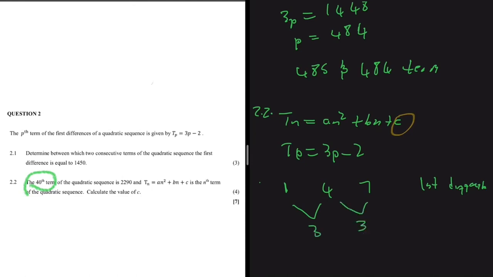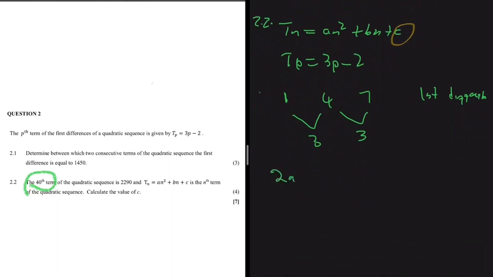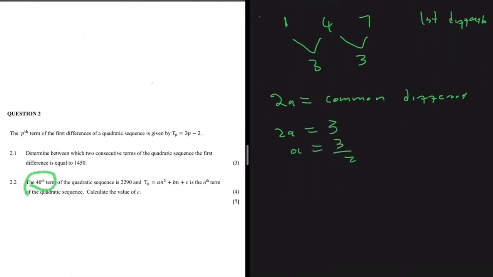And then we know fully well that 2a is equal to the common difference. So we're going to have 2a is equal to 3, so a is equal to 3 divided by 2. Right? Apart from that, we know that 3a plus b is equal to the first term of the first difference.